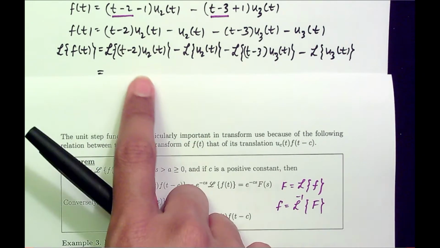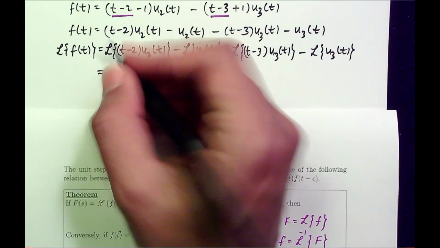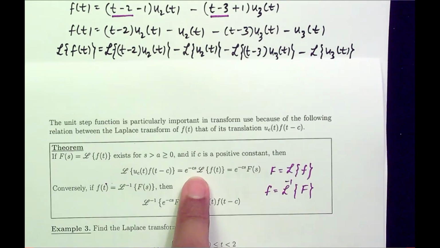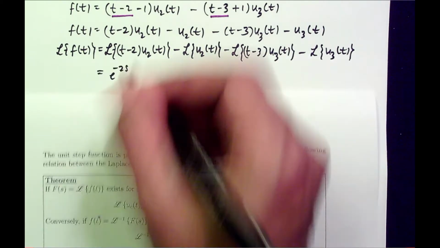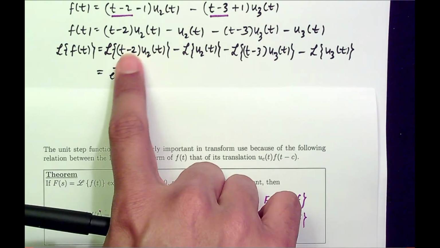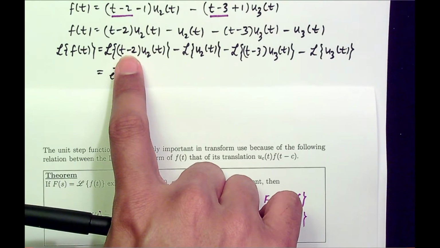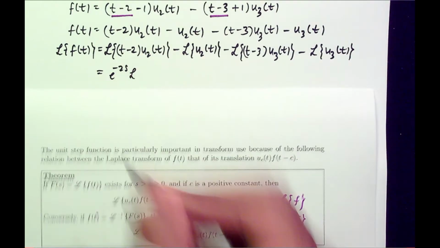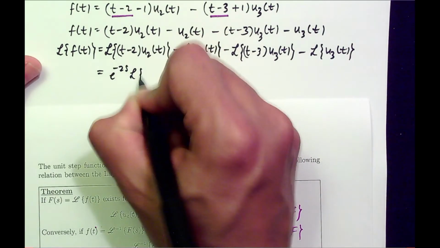So it will be e to the negative 2s times the Laplace transform of the function, the one that is next to the u, disregarding the translation. So it will be t minus 2, but disregarding the minus 2 part, so it's just t. So the Laplace transform of t.